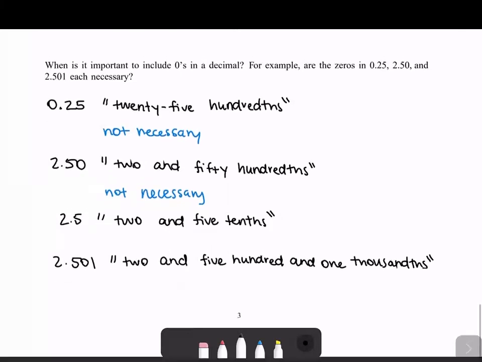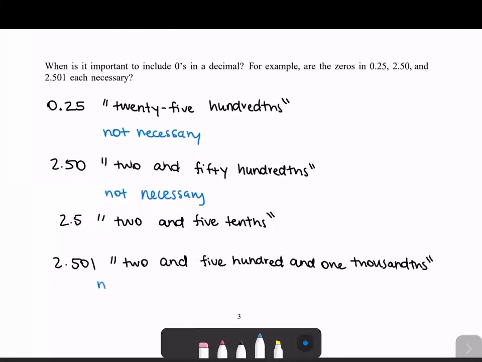So in this case, this 0 is necessary, because without it, if we didn't have that 0 and we just shifted the 1 over, then it would represent 51 hundredths. And 51 hundredths is equivalent to 510 thousandths, not 501 thousandths. So this 0 is necessary to show that there's a 0 in that hundredths place value.